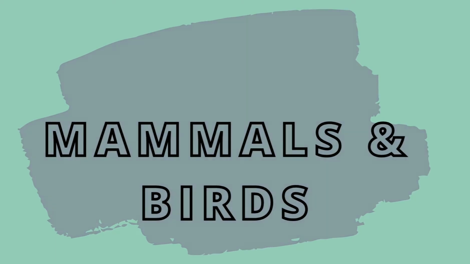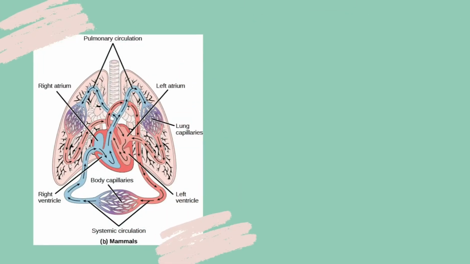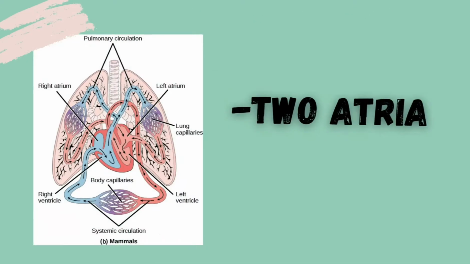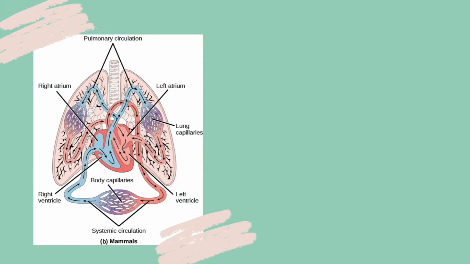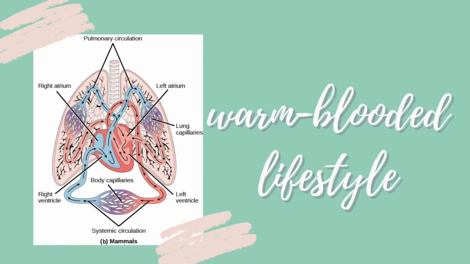In mammals and birds, the heart is also divided into four chambers, two atria and two ventricles, as illustrated in the figure. The oxygenated blood is separated from the deoxygenated blood, which improves the efficiency of double circulation and is probably required for the warm-blooded lifestyle of mammals and birds.